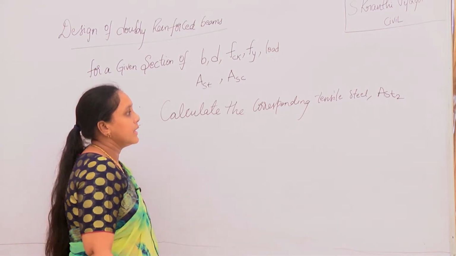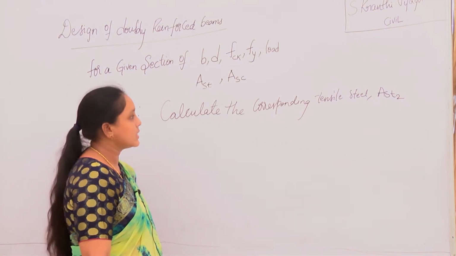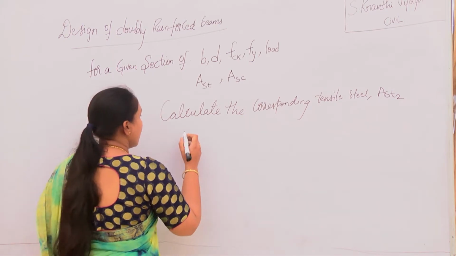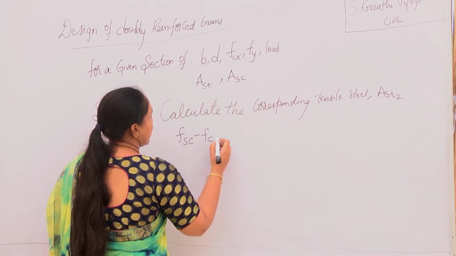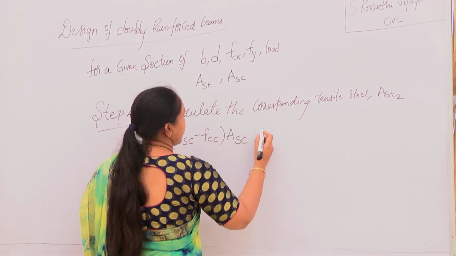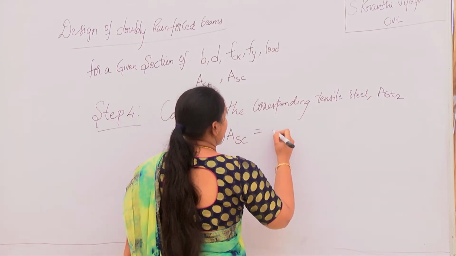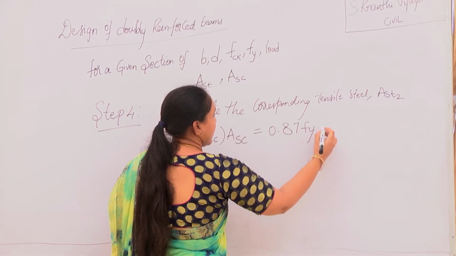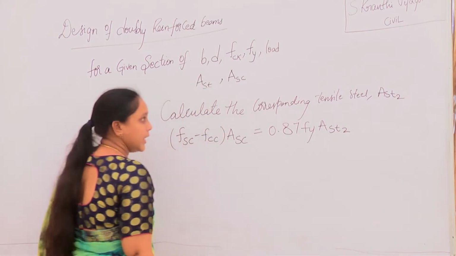I will find out the corresponding tensile steel by taking the equilibrium condition: the force of the compression steel will be equal to the force of the tensile steel. So (Fsc minus Fcc) into Asc will be equal to 0.87 Fy into Ast2.